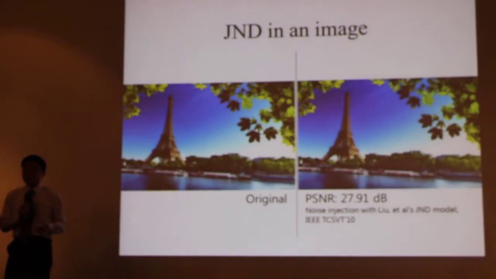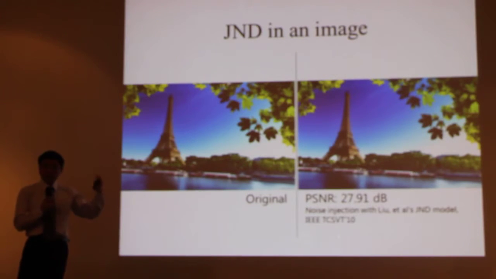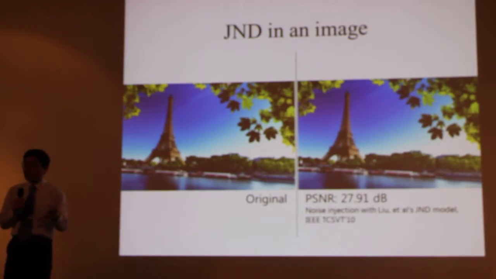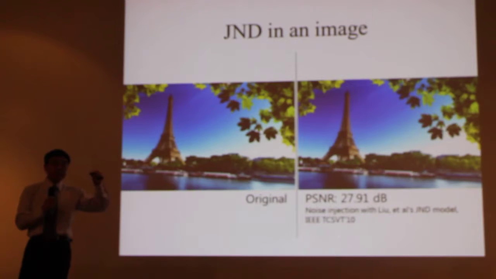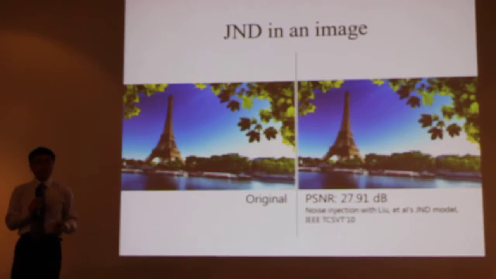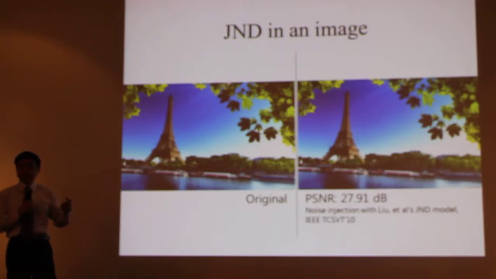Now the image case. Your left-hand side image is the original image. Your right-hand side image is a noisy image, but we shaped the noise carefully using a JND model. With a JND model for images, we can determine computationally the tolerance of each pixel or each subband coefficient. So if the JND model is accurate, we actually can shape a lot of noise without it being noticed by the eye.